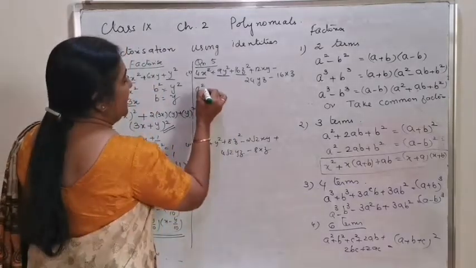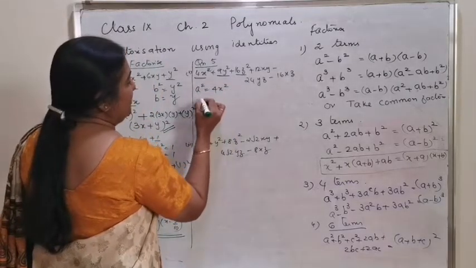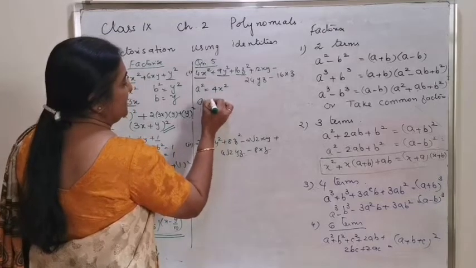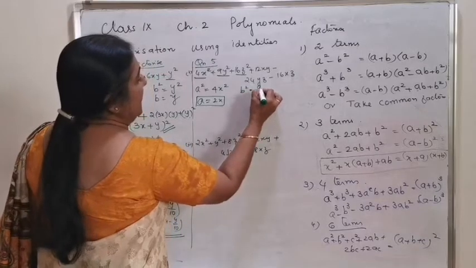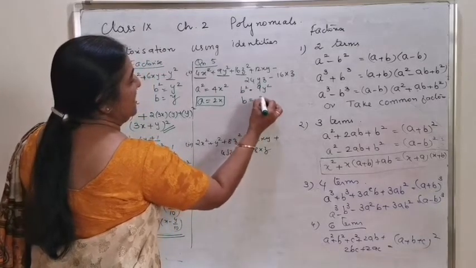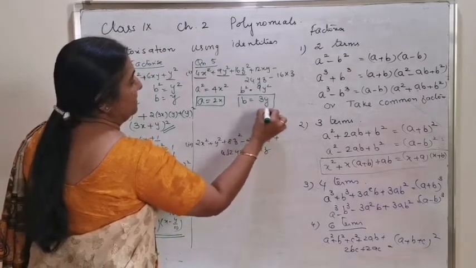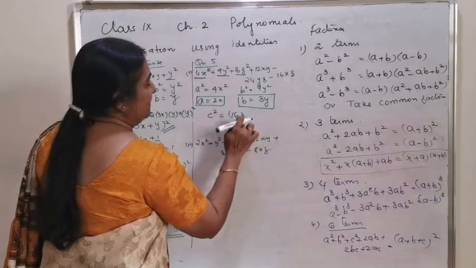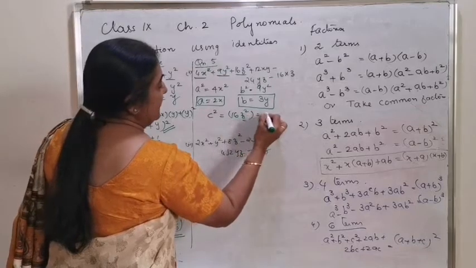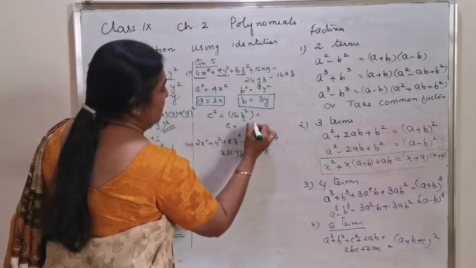The 3 square terms are 4x square, 9y square and 16z square. That is, a square is 4x square, which means a is 2x. B square is 9y square, which gives you b as 3y. C square is equal to 16z square, which gives you c as 4z.